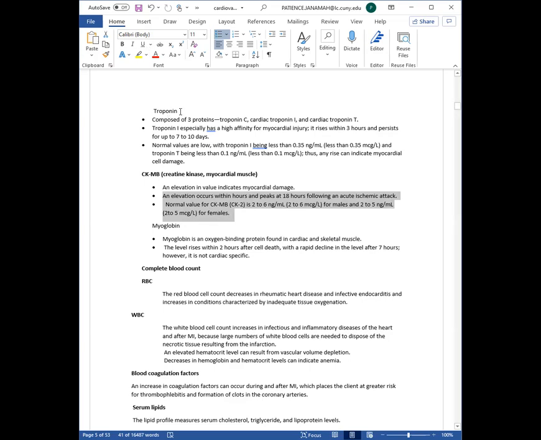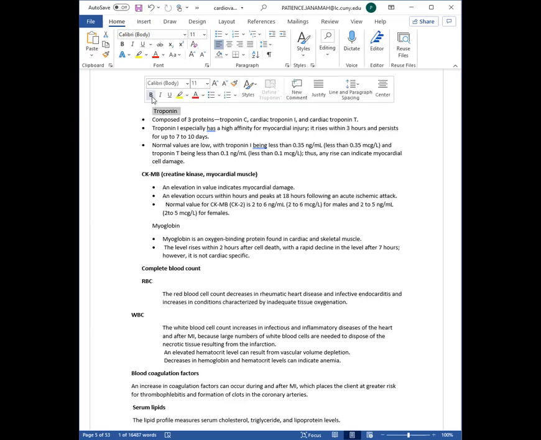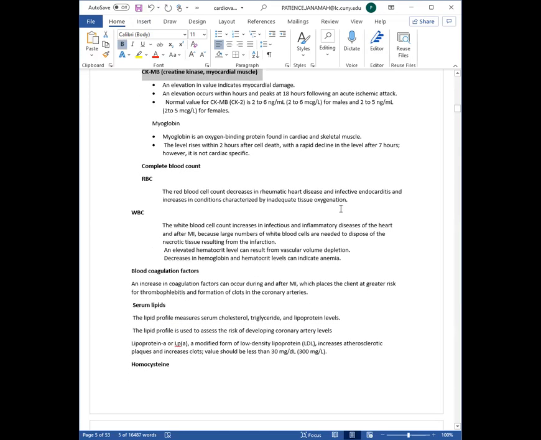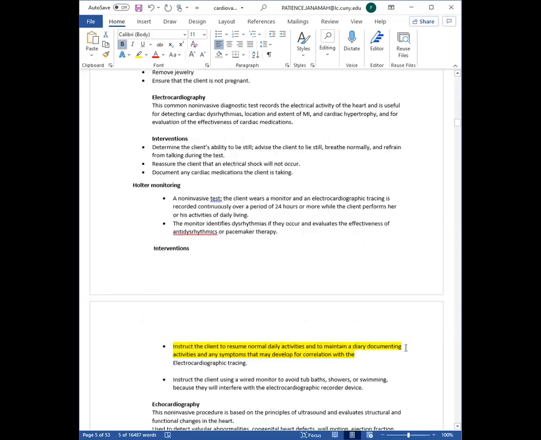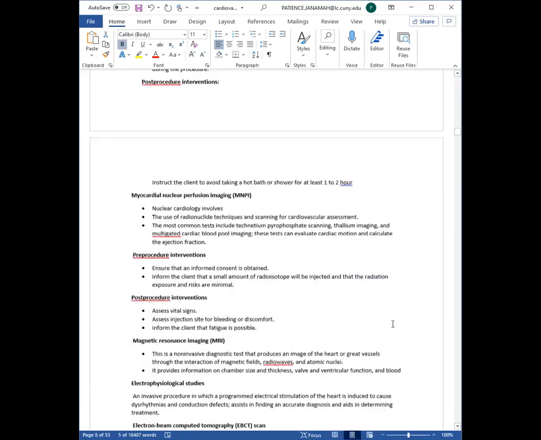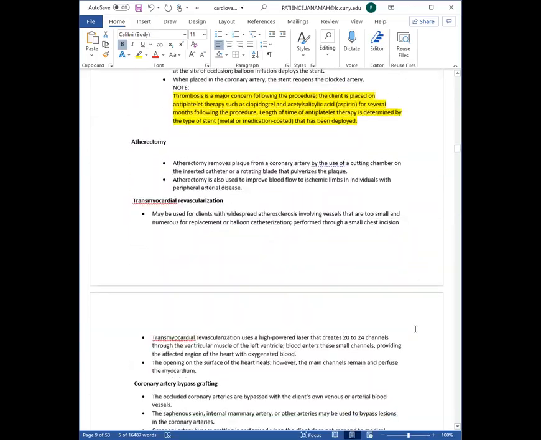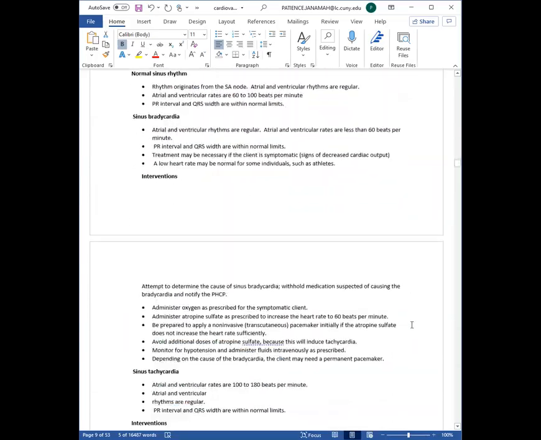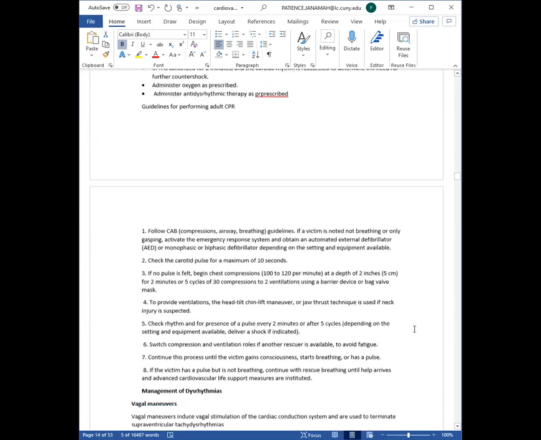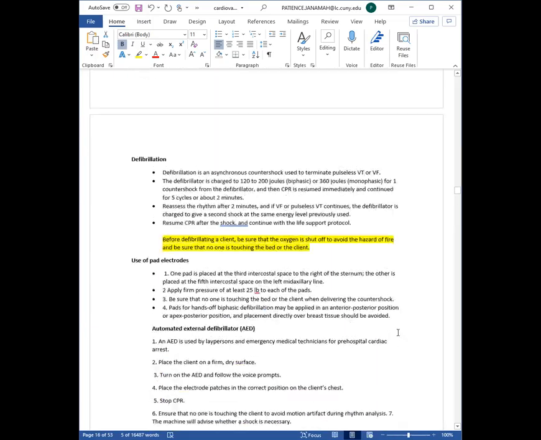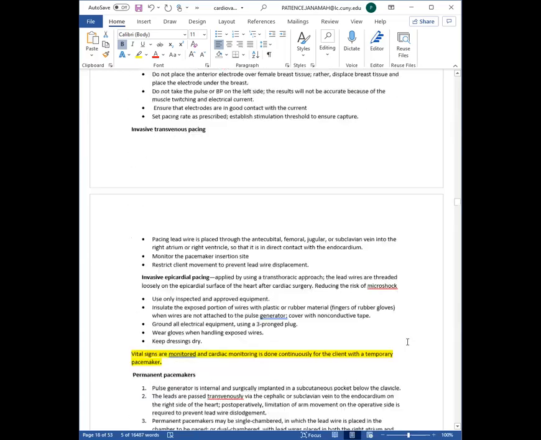If I have troponin and CKMB for myocardial infarction, I would go for CKMB first, even though I need the two of them. And you see, I have the normal levels there. They have levels for men and levels for women. So when I send you this one, you want to take notice of that.